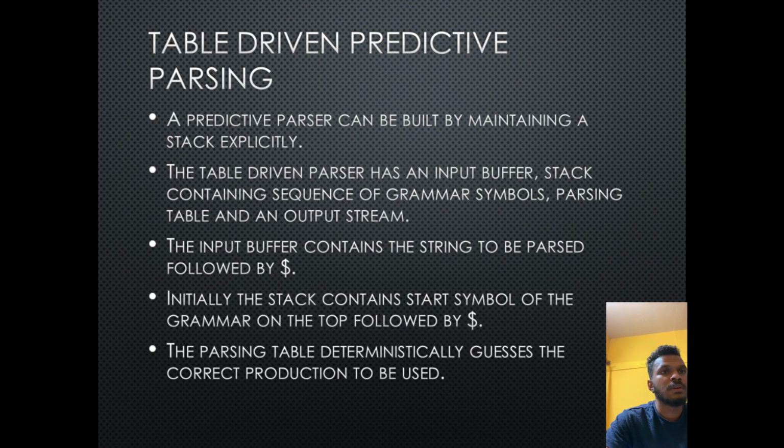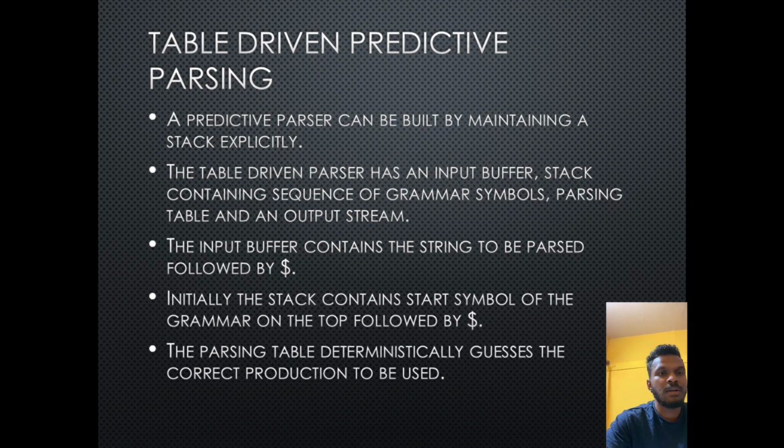Now, table-driven predictive parsing. A predictive parser can be built by maintaining a stack explicitly. The table-driven parser has an input buffer, a stack containing a sequence of grammar symbols, a parsing table, and an output stream.